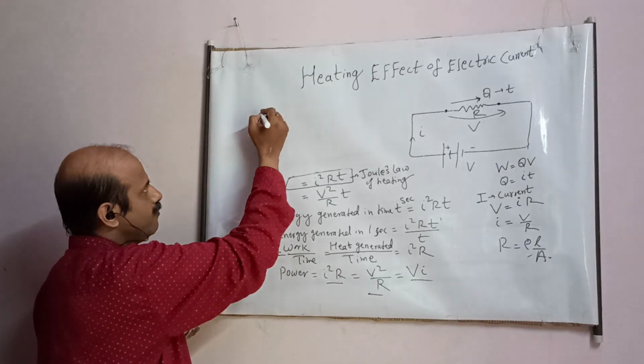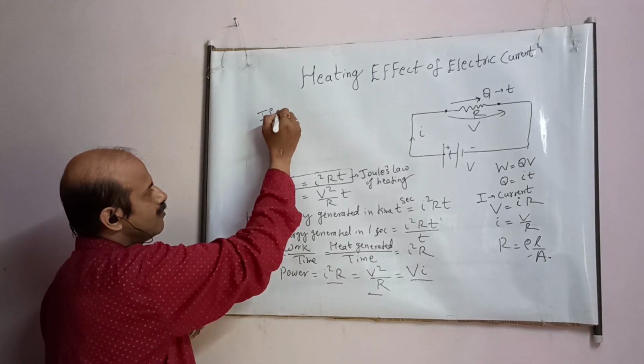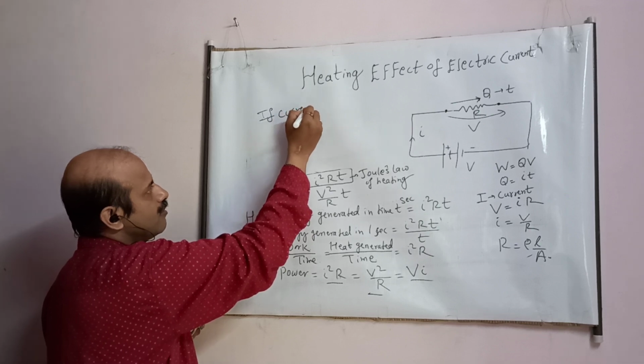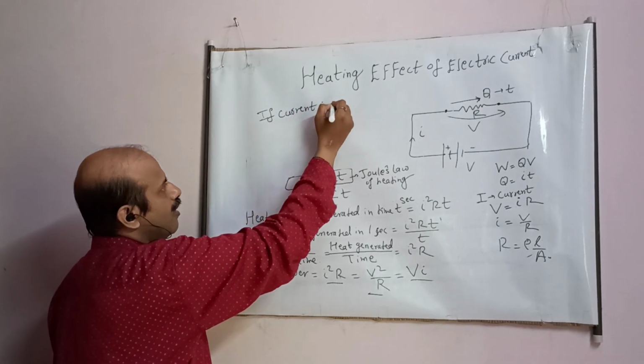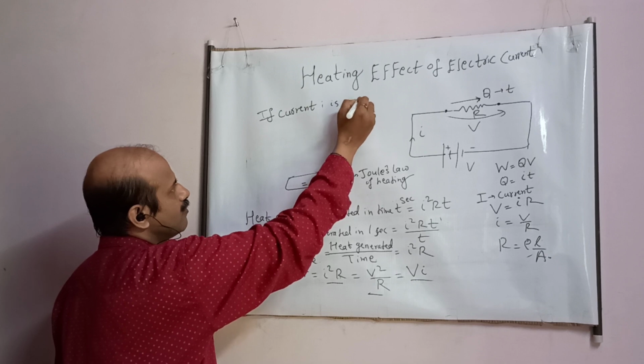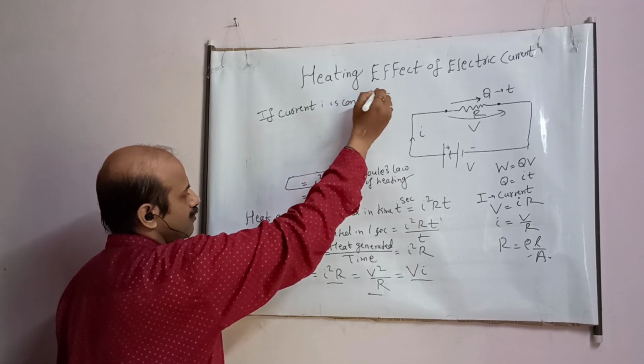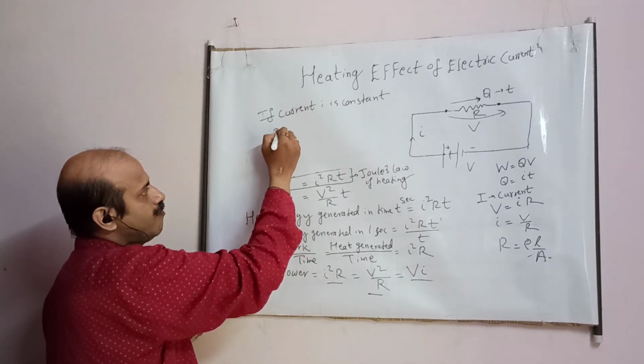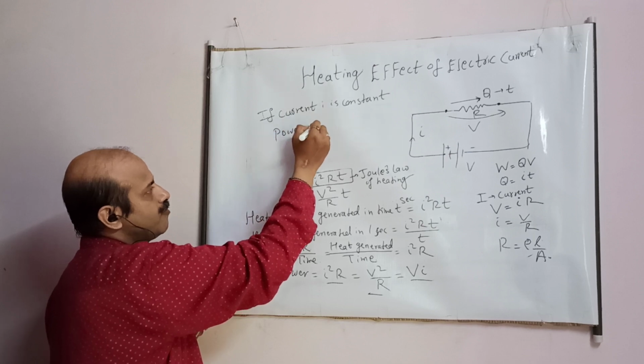If current I is constant, then power is proportional to R.